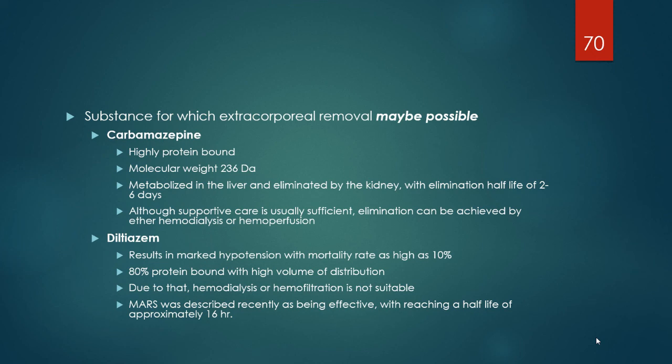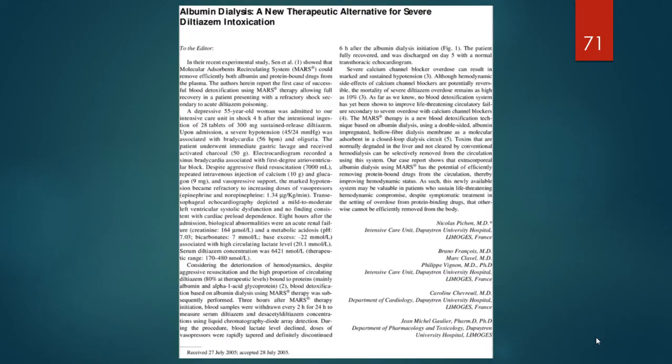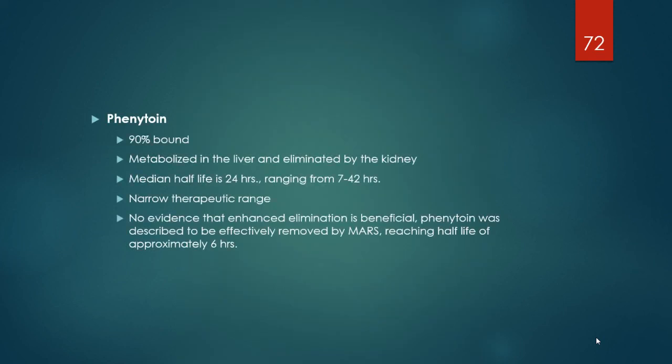MARS, or albumin dialysis, was described recently as being effective, reaching a half-life of approximately 16 hours. And we have this study, or the case report, about albumin dialysis for treating severe diltiazem toxicity. It was only a case report, and it was in 2008. Phenytoin is 90% protein bound, metabolized in the liver and eliminated by the kidney.